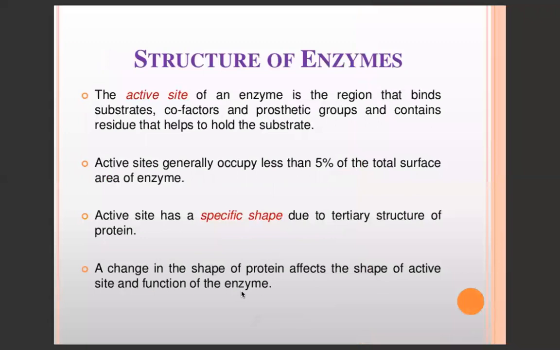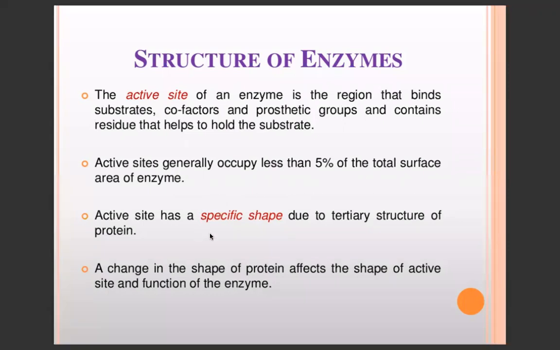Now, the structure of an enzyme is composed of active sites and inactive sites. The active site of the enzyme is the region that binds substrates, cofactors and prosthetic groups, and contains residues that help to hold the substrates. The overall enzyme specificity and function depend upon the active site. Active sites generally occupy less than 5% of the total surface of the enzyme.